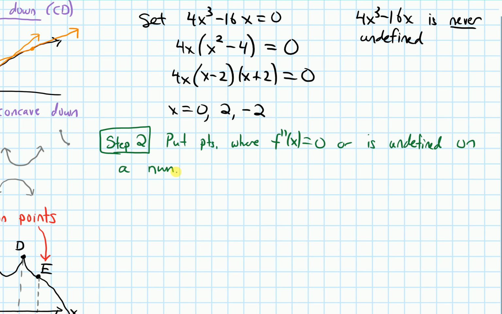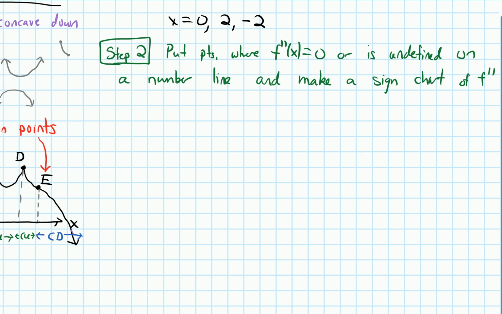Make a sign chart of the second derivative. So really similar to what we did for increasing and decreasing with a sign chart for the first derivative, but now we're doing it for second derivative because we're dealing with concavity.